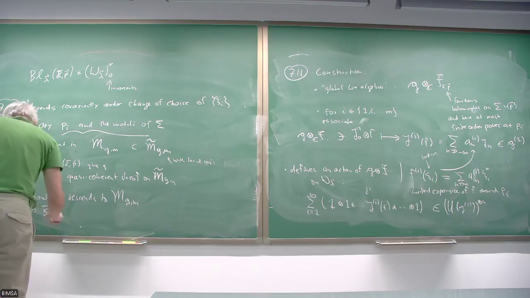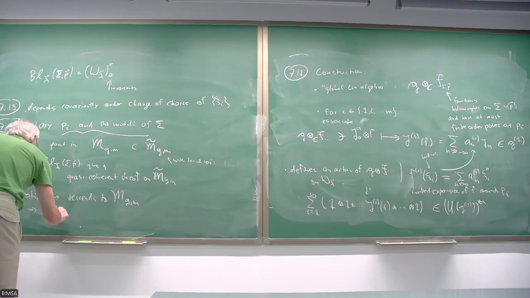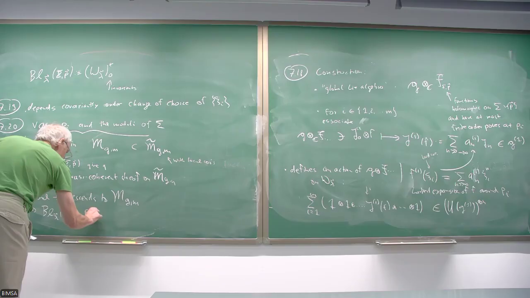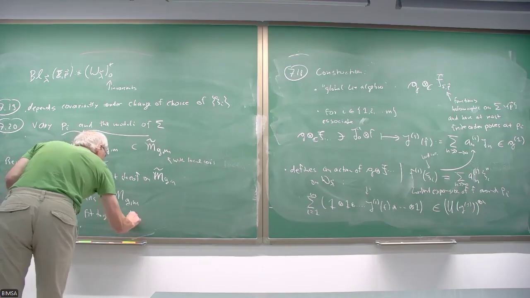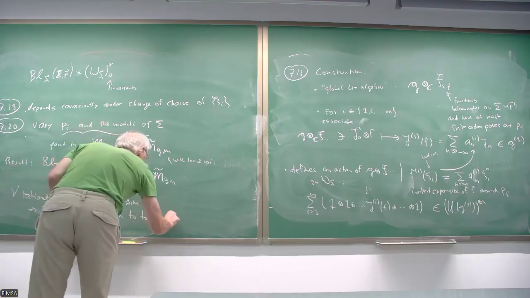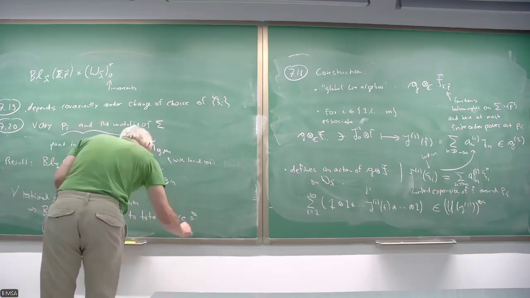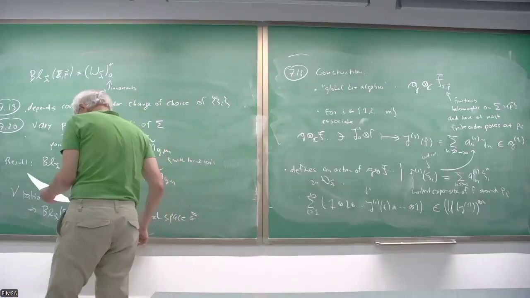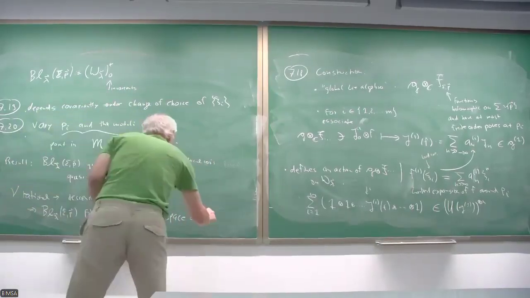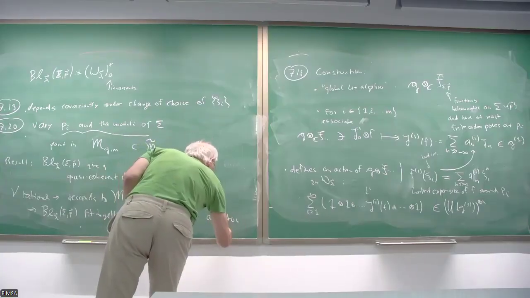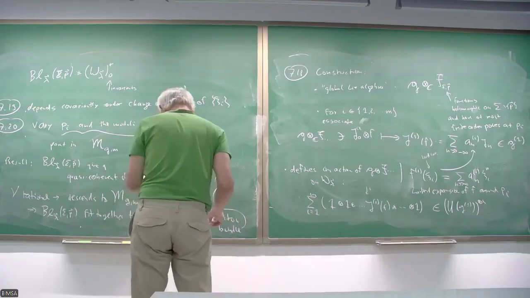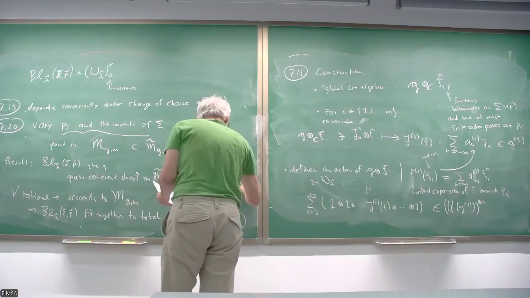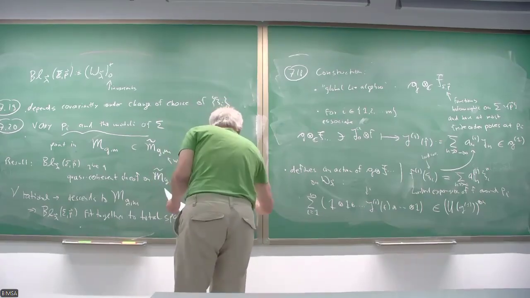these finite dimensional vector spaces together form the total space of a finite rank vector bundle, written similarly as script BL_G,lambda on M_{g,n}.